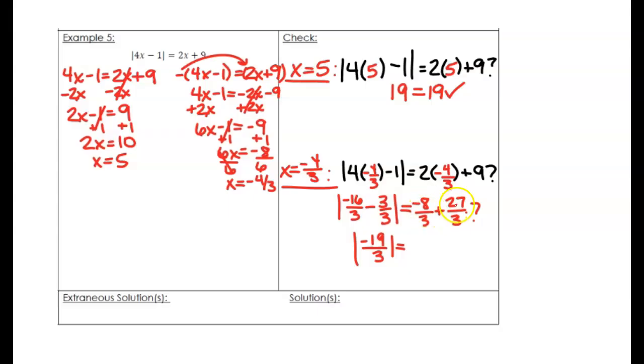Negative 8 plus 27 is 19, and it's still over 3. So is the absolute value of negative 19/3 equal to positive 19/3? Yes, it is. So I have no extraneous solutions, and my solution set, I start out with the smaller one, which is the negative one, is negative 4/3 and 5.